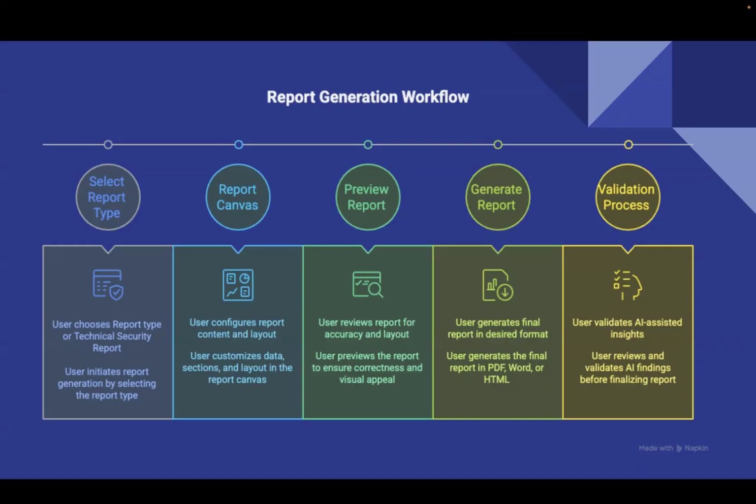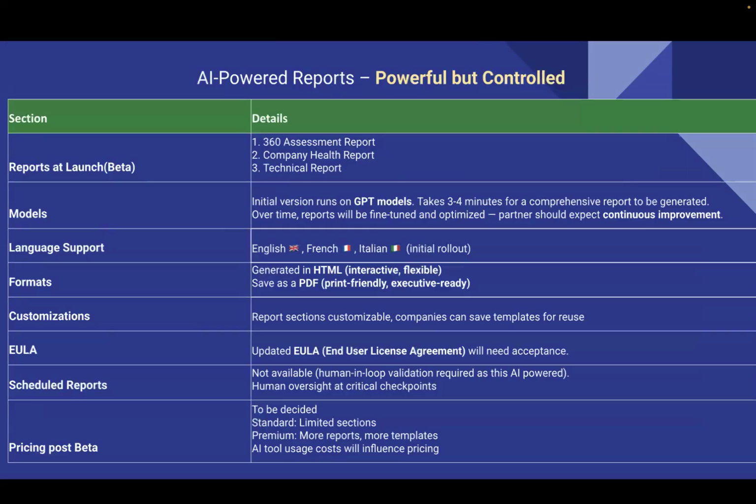Over to the questions. I'll just wrap up a few things so the entire community knows what we are doing. We are starting with 3 reports, and the GTM is planned very soon. The 360 assessment report, which I showed you today, the company health report, and the technical report are what we want to roll out first. On the models, we are primarily using GPT.